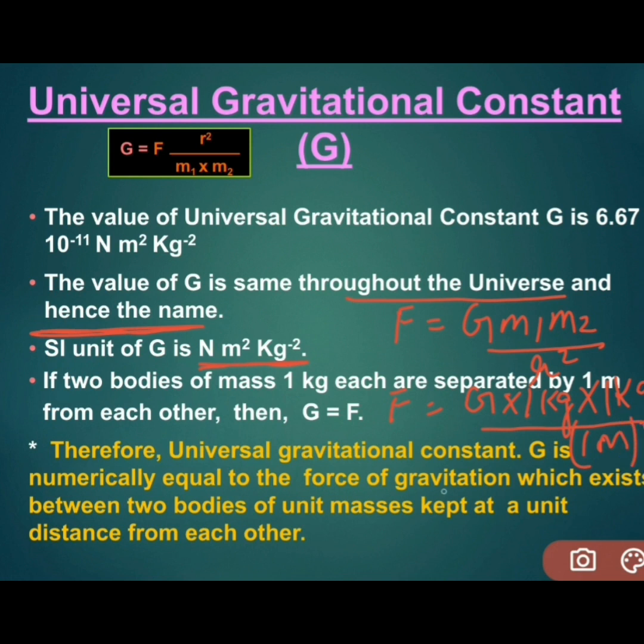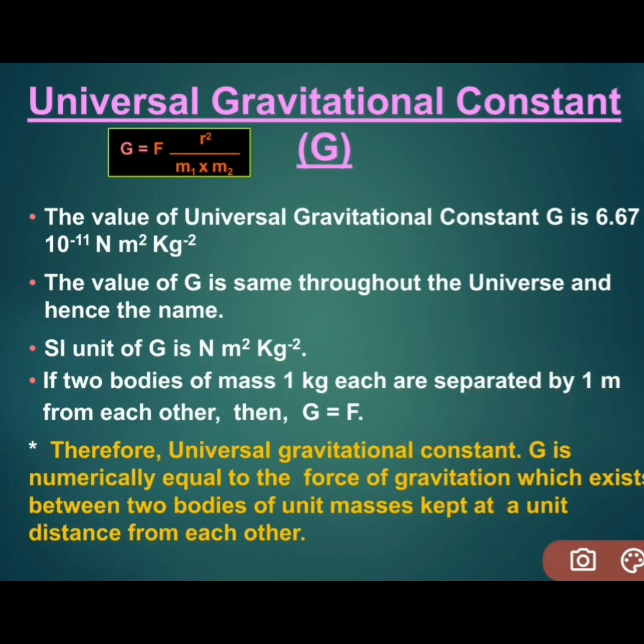In this case, F will become equal to G. That means the force of attraction will become equal to the universal gravitational constant when the mass of both objects is 1 kilogram and the distance between them is 1 meter.